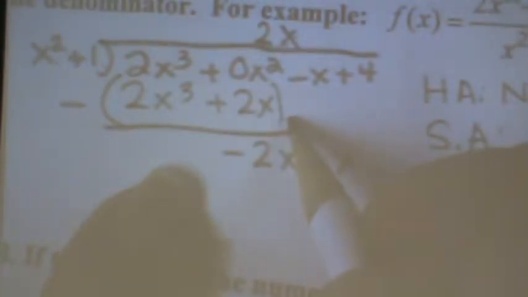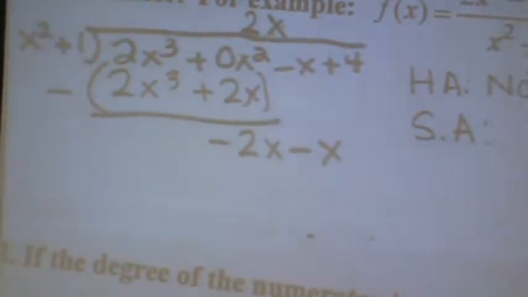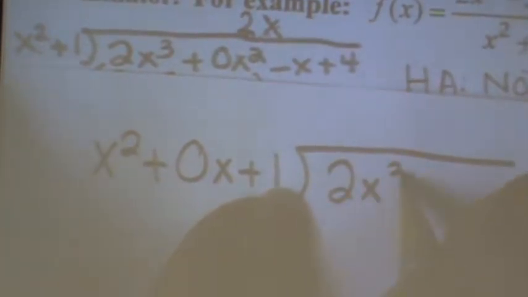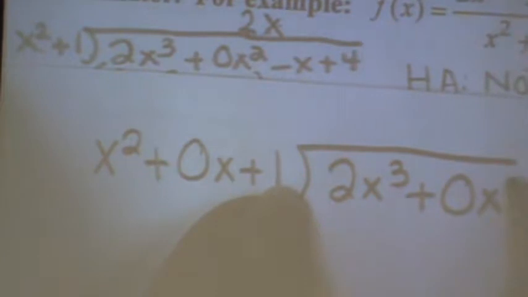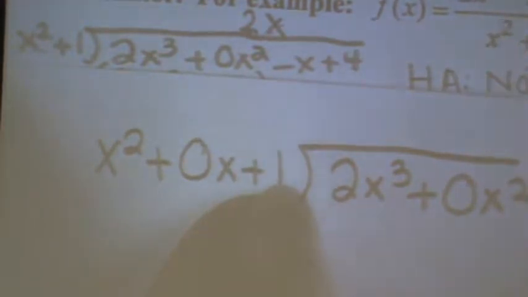Yes. So it's x squared plus 0x plus 1 into 2x cubed plus 0x squared minus x plus 4.